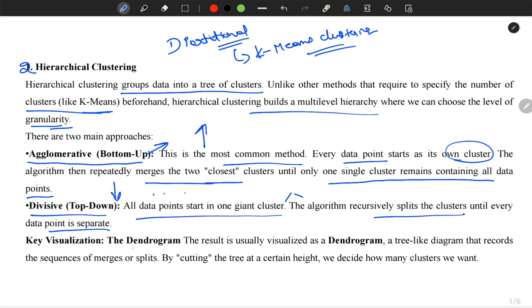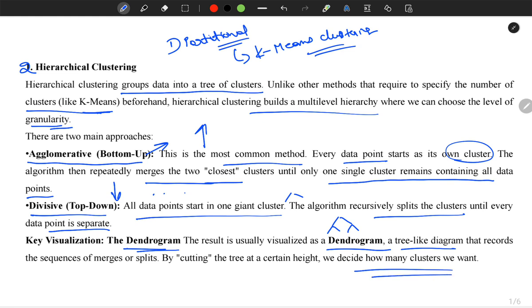The result is usually visualized as a dendrogram. It's a tree-type diagram that records a sequence of mergers. Either one can merge or one can split, depending on what approach you follow. By cutting the tree at a certain height, we decide how many clusters we want.